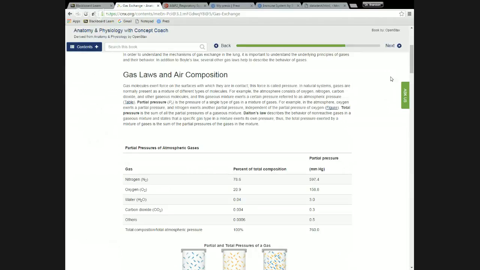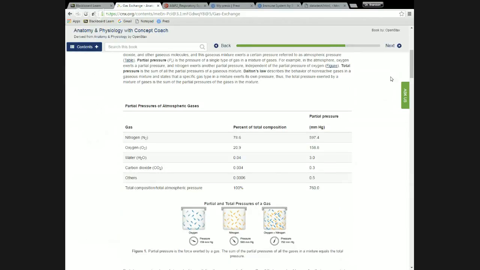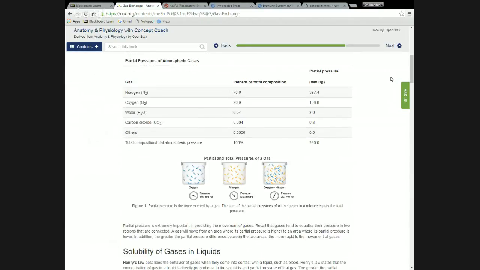So the table that's on the screen right here is a list of those partial pressures. So the partial pressure of nitrogen, partial pressure of oxygen, water vapor, carbon dioxide, and the other things, all of those add up to 760 millimeters of mercury, total pressure of air at sea level. We don't actually measure the partial pressure of the individual gases.